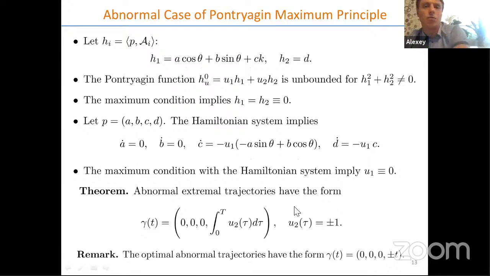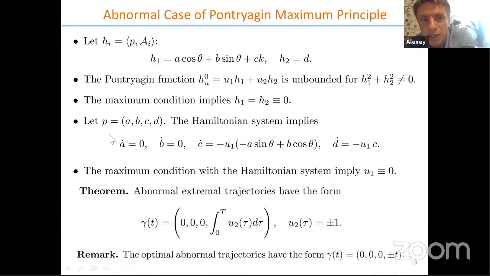Let's go to the abnormal case where nu equals 0. We introduce the following coordinates, h_i, which are written here. The Pontryagin function is linear in u1 and u2, and then it is unbounded if h1 squared plus h2 squared is unequal to 0. It means that they both should be equal to 0.